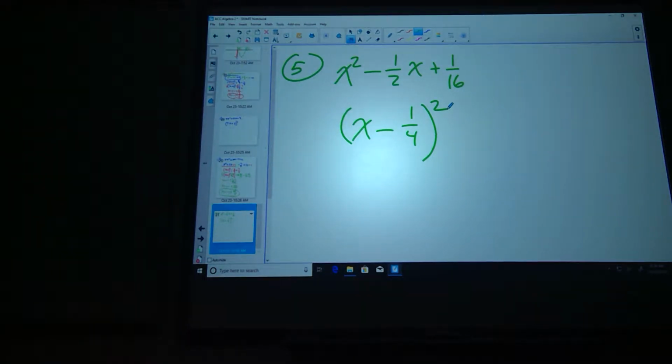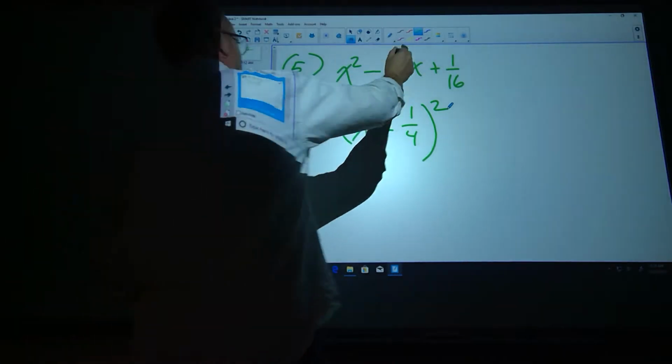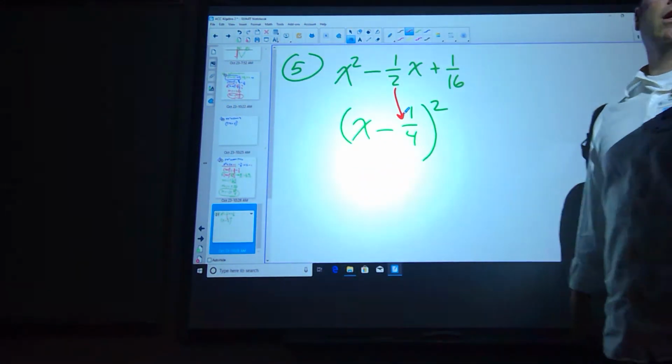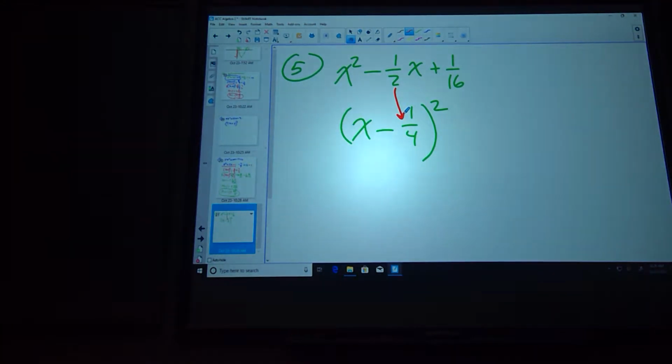And you could double check it because you could go negative 1/4 x added to negative 1/4 x is negative 2/4 x. Negative 2/4 x is negative 1/2 x. Or if you know it's going to be a perfect square trinomial, you just say, what is half of that? It goes right there. So double the denominator. Anything else? 25. 2 5s? Yeah.